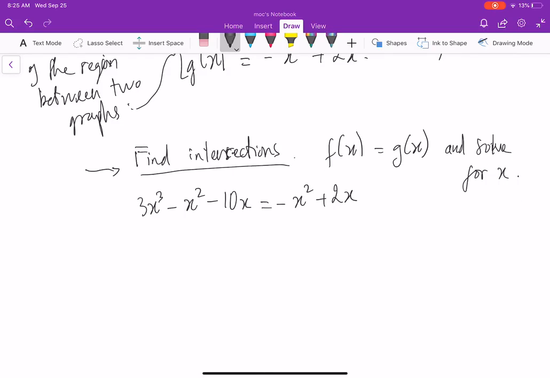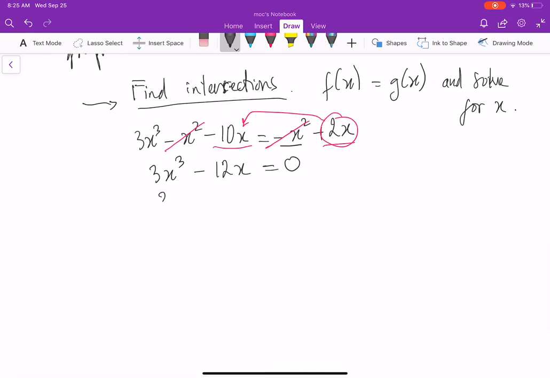Then let's group them together. Negative x squared will be cancelled out. Minus 10x, and then I bring 2x to this side. I get minus 12x, and this is equal to 0.